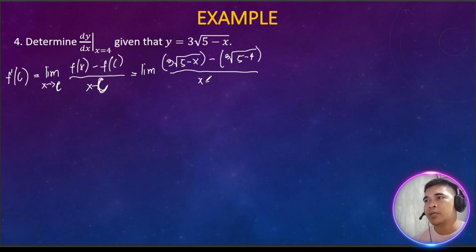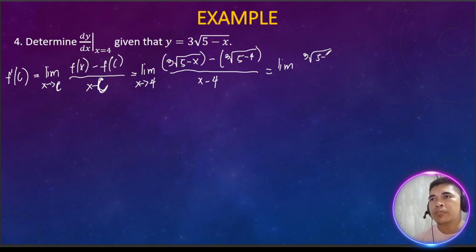So x minus 4 as our x approaches 4. Next, limit 3 square root of 5 minus x minus, so 5 minus 4, that is 1, square root of 1 is 1, 3 times 1, that is 3, over x minus 4 as our x approaches 4.